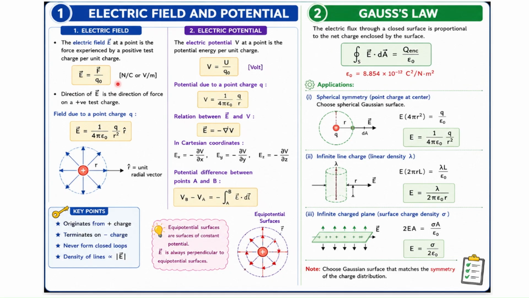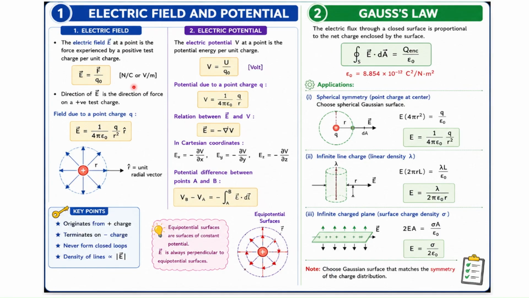Because force is measured in newtons and charge in coulombs, the SI unit for electric field is newtons per coulomb, or as we can see later, volts per meter. So these are the SI units for this relation.